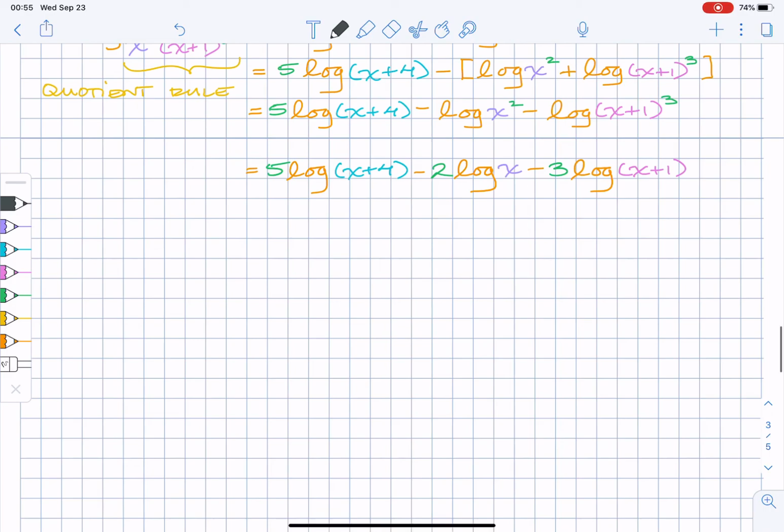Okay, so number 3. Actually, let me move this down. It's going to be a big quotient. So let's say we have log base 3. Now in the numerator, let's say we have x squared, y cubed, and z to the 4th. But in the denominator, let's have x plus 1 to the 5th.